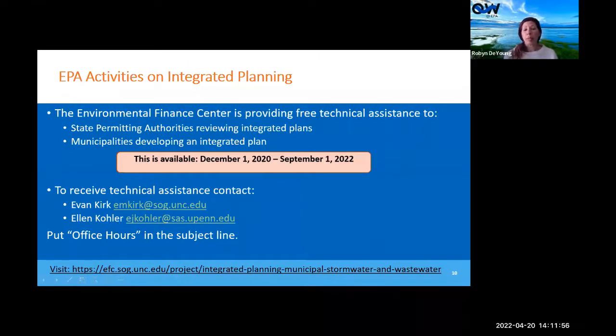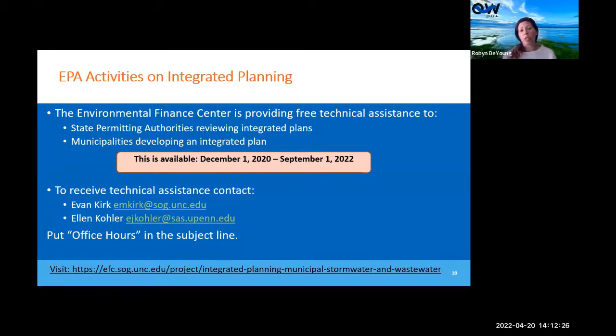We're really pleased to be able to partner with the Environmental Finance Center. We are offering technical assistance through the Environmental Finance Center, and it is available until September of 2022. So after you listen to this workshop today, we're hoping that you'll send an email to Evan Kirk or Ellen Kohler from the Environmental Finance Center of University of North Carolina or University of Pennsylvania, and put office hours in the subject line.